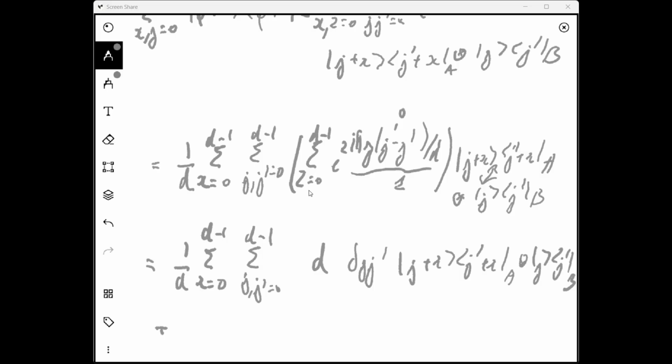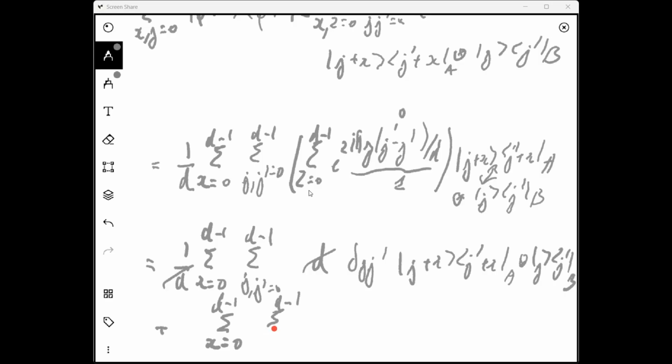And so at the end it's just equal to, we destroy this, so we just have the sum of x equals 0 to d minus 1, sum of g prime equals 0 to d minus 1.